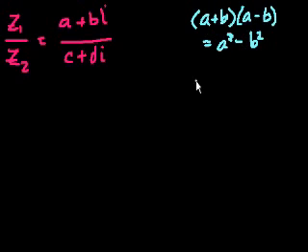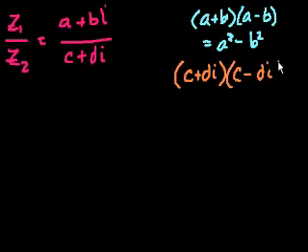So given that, what happens if we do something very similar with a complex number? If we say c plus di times c minus di. Well, in this case, a is c and b is di, right?